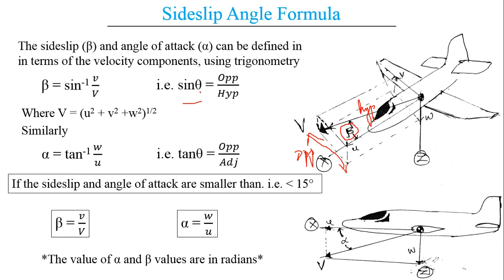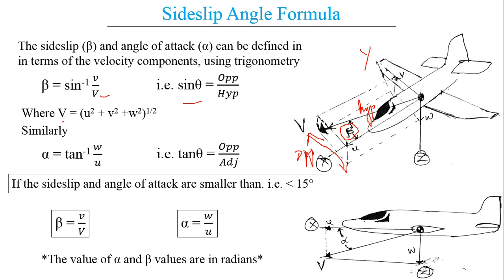That's what we have done. Instead of theta, we are taking beta, and the opposite side is nothing but the v, the velocity component in the y direction. So here we are taking small v, and the hypotenuse is nothing but the resultant velocity. The resultant velocity is taken as capital V. So this is the basic difference.